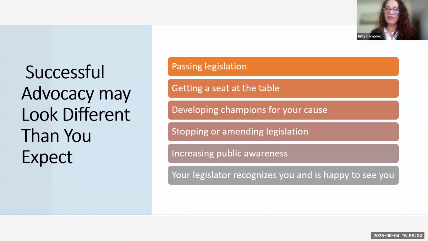If you use any of those platforms that were in this presentation for advocating, you put in your address and it will tell you who your state rep is, it will tell you who your state senator is, it will tell you who your congressman is, and who your senator at the federal level is. So then you will know.